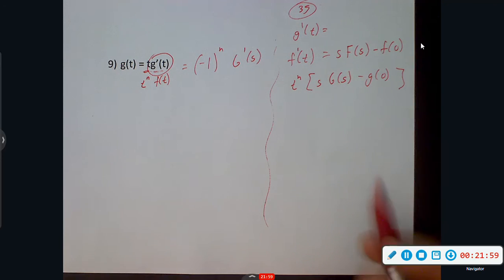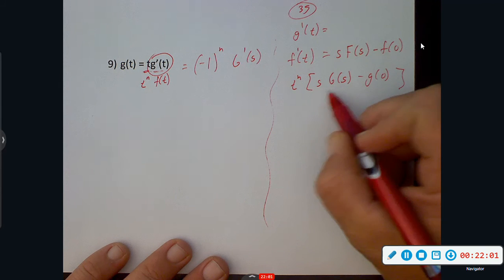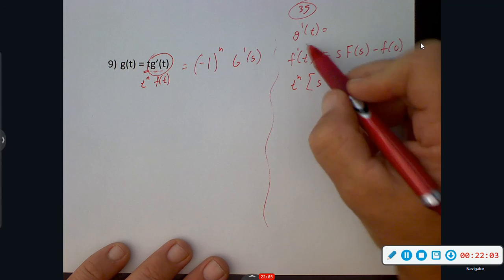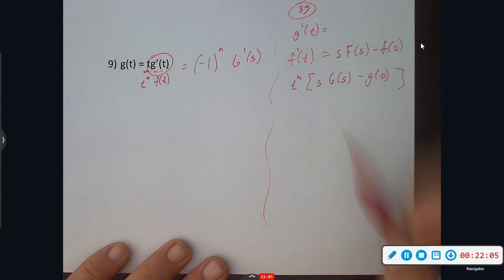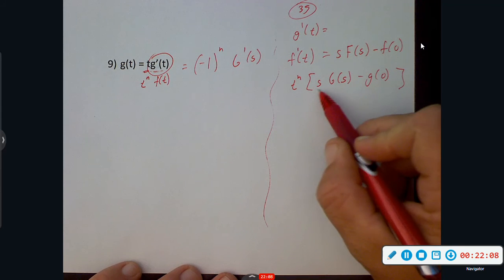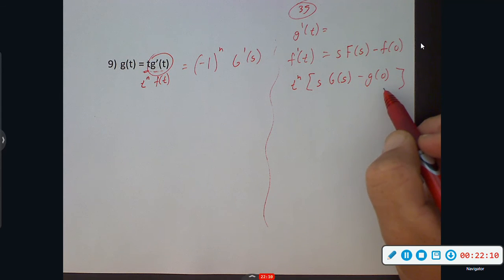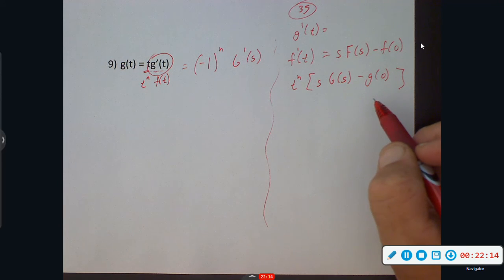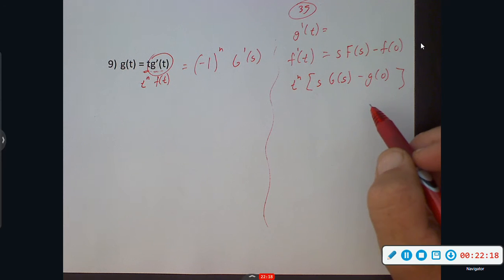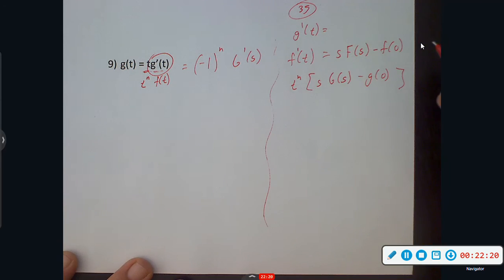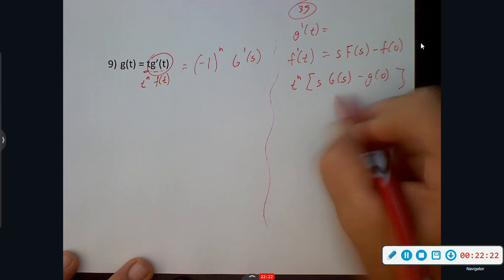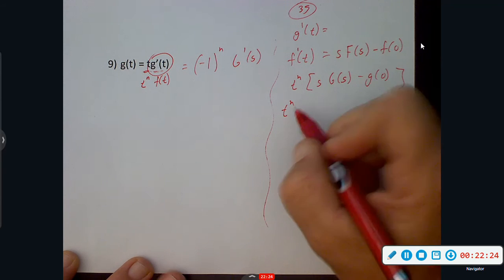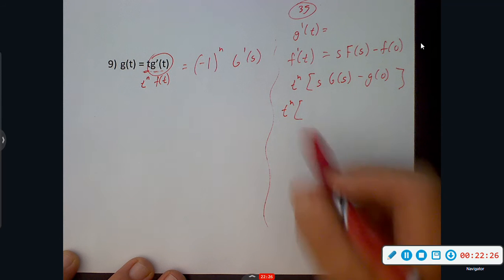But we need the first derivative. So this is what the derivative is itself. We need the derivative of that. So we have to take the derivative of this term. Okay. So we got to take the derivative of this. Sorry for the pause. I'm just trying to make sure you guys understand.